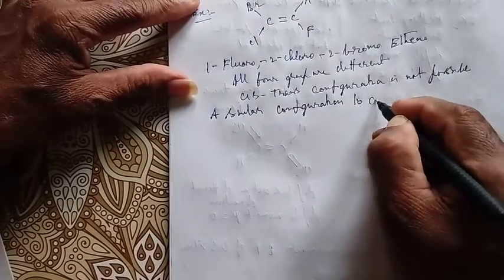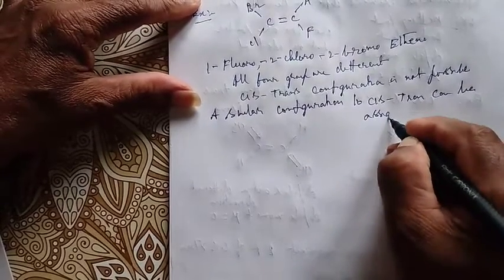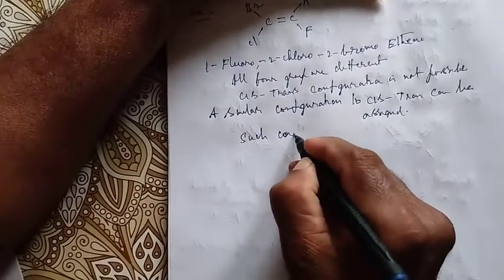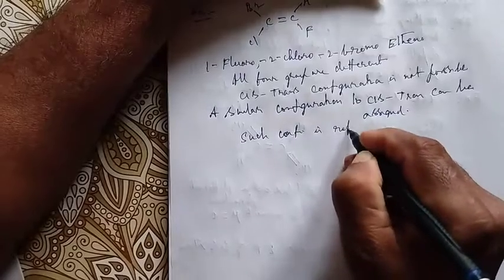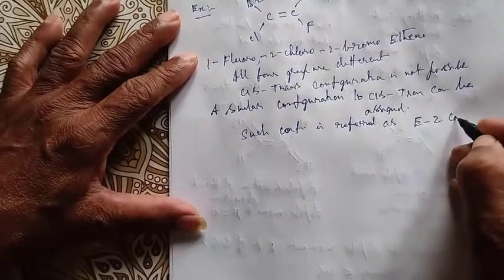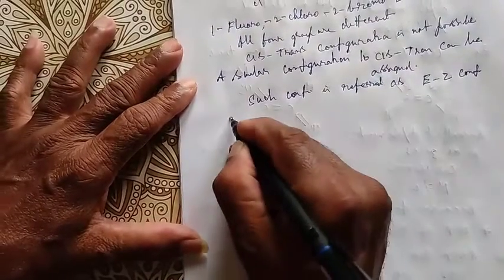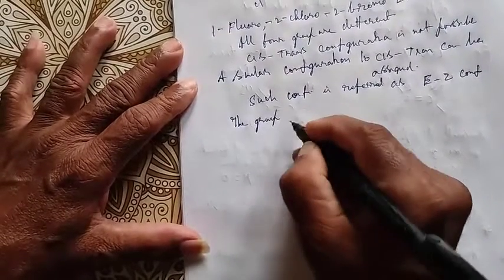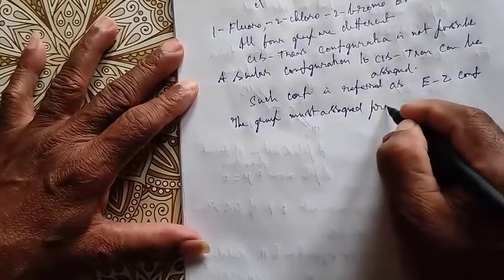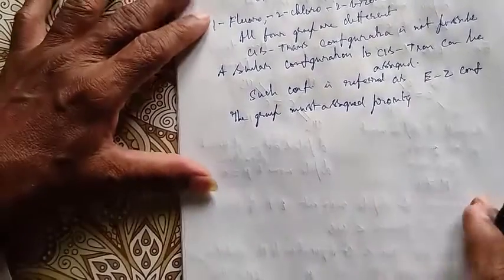Such a configuration is referred to as EZ configuration. In the EZ configuration, the groups must be assigned priority. Priority groups must be selected.